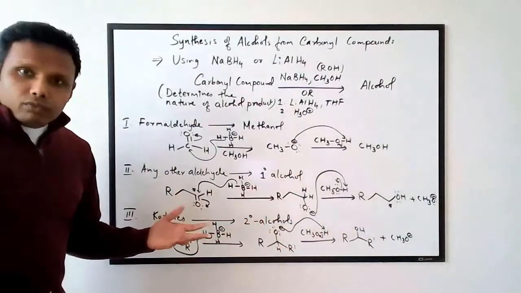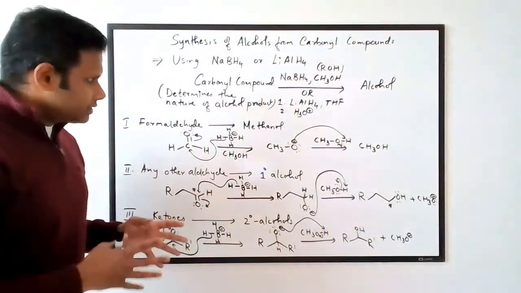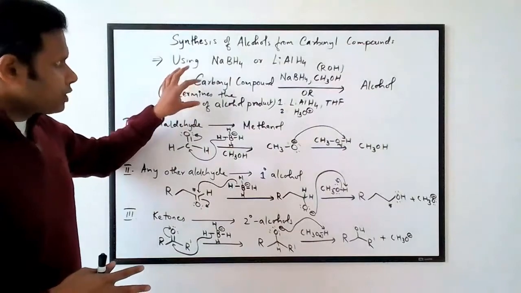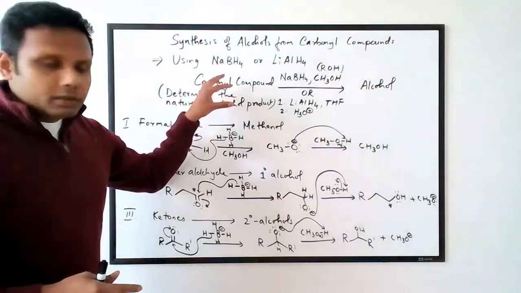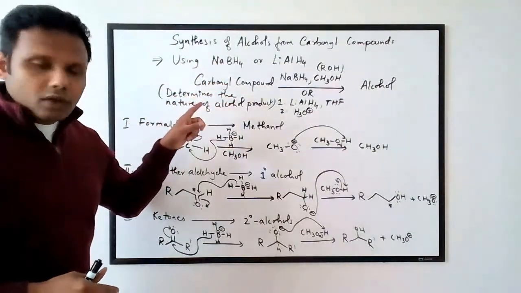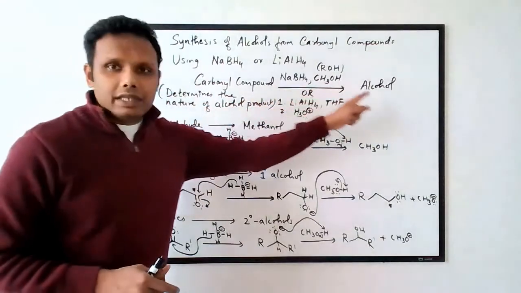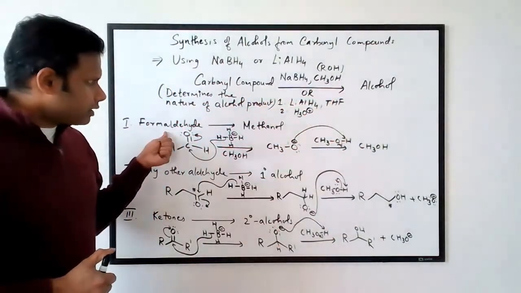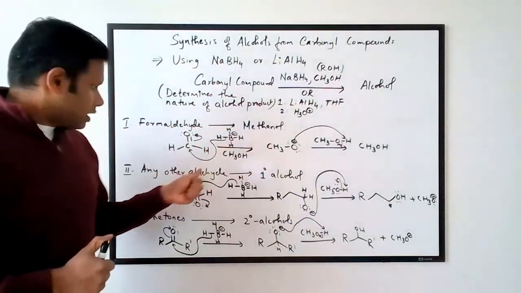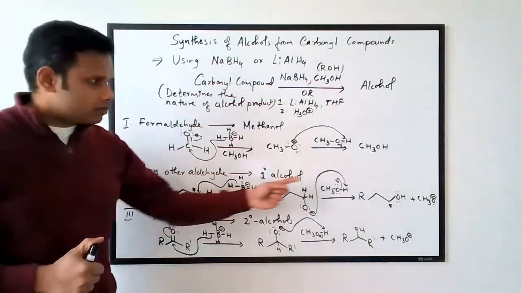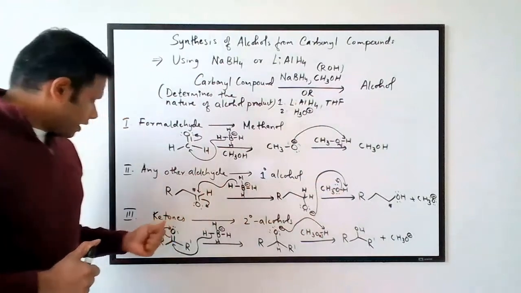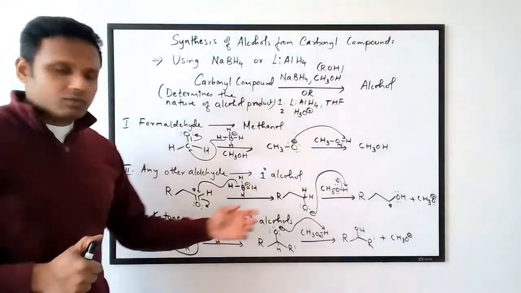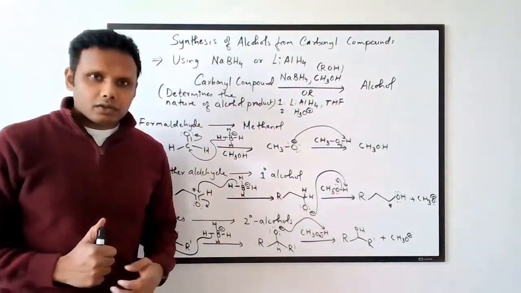Okay, but what I wanted to illustrate here is that, again, like I said, the nature of the carbonyl compound determines the nature of the alcohol product that's formed. Formaldehyde gives you methanol. Any other aldehyde is converted into a primary alcohol, and ketones are converted into secondary alcohols.